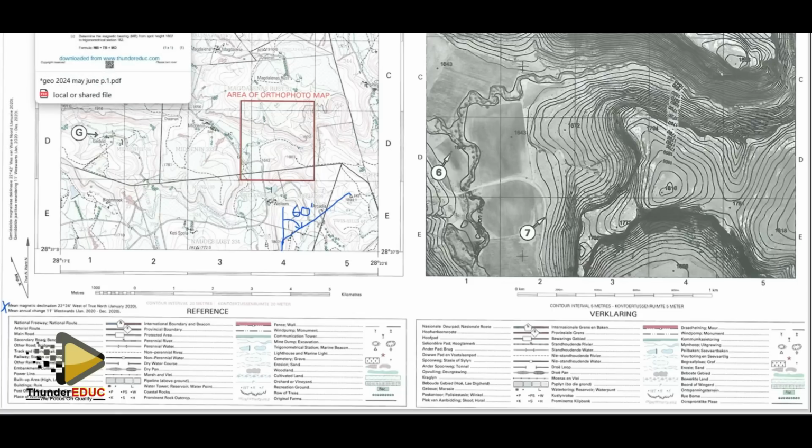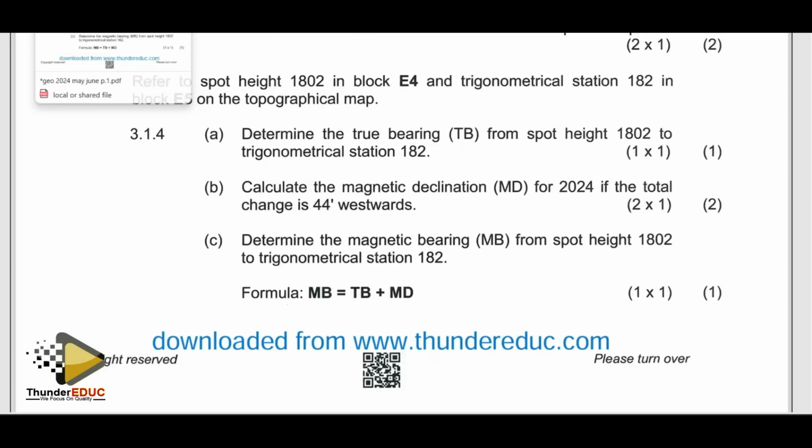And for that matter, we cannot leave our value with a minute value which is above 60. Because remember, 1 degree is equal to 60 minutes. So whenever our value for minutes exceeds 60, we have to reduce it by the size of the degree value.